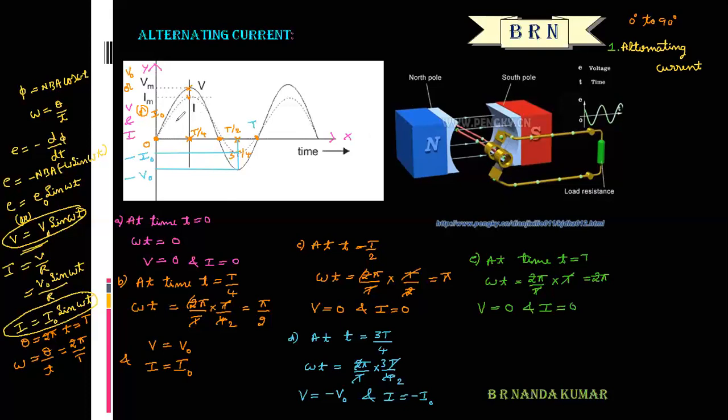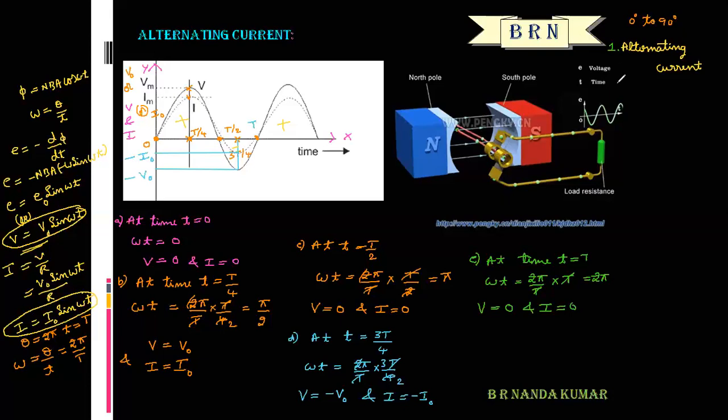So this is the polarity. Polarity reverses periodically for every half cycle. Okay, so that is the meaning of alternating current. What is the meaning of alternating current? The magnitude and direction of current change with time, and polarity reverses periodically for every half cycle. So that is the meaning of alternating current.